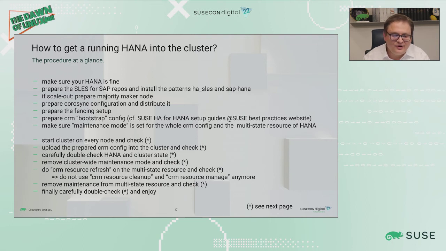If you want to know what has to go in there, then please have a look at the SUSE best practices guides on HANA and on the SUSE HA clusters, where you'll always find the most recent versions of cluster configurations, of do's and don'ts, and so on.